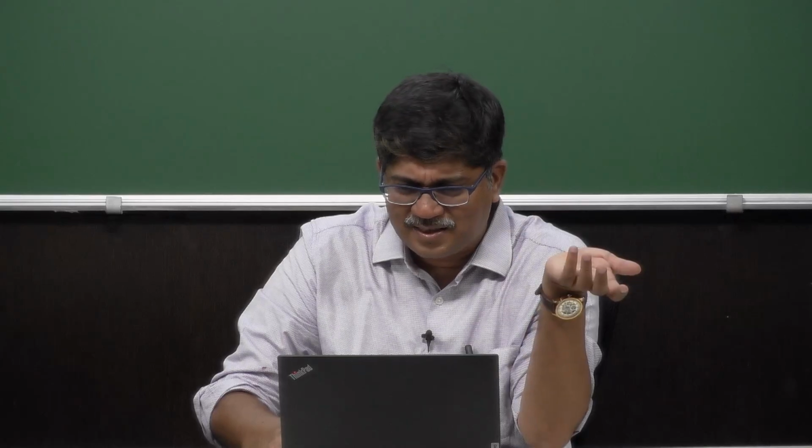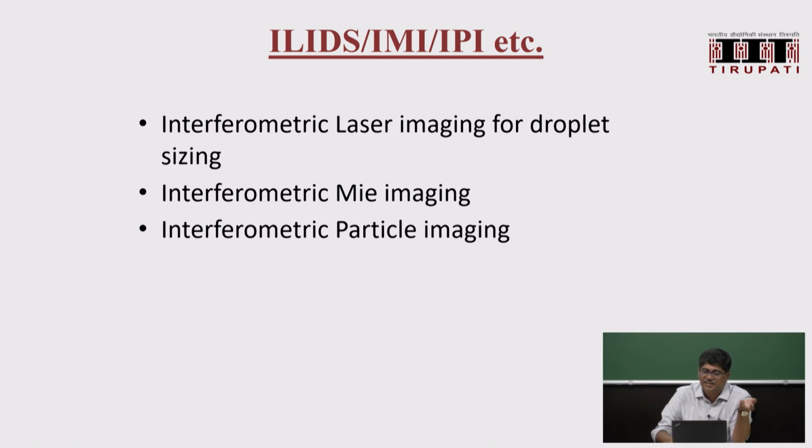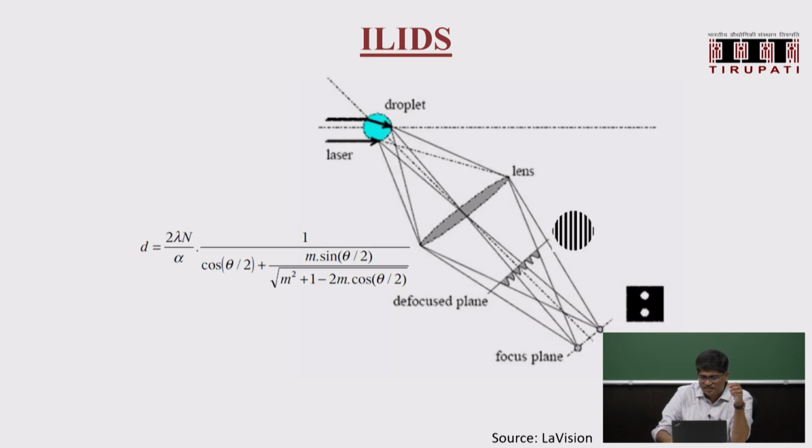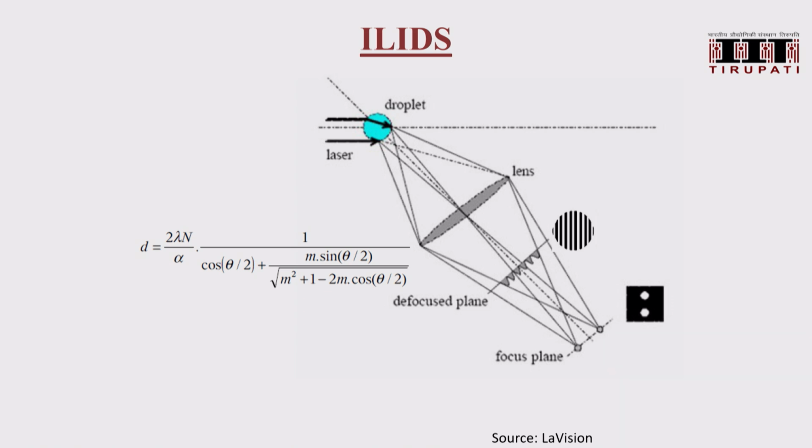There is another method called ILIDS, or interferometric laser imaging for droplet sizing, also called interferometric Mie imaging. These are all one and the same. What happens here is that when light falls on the drop, you have two things.